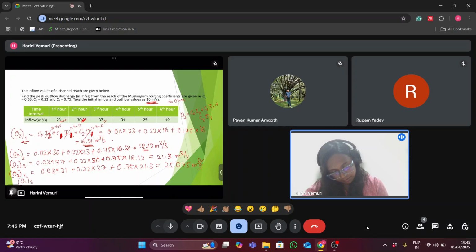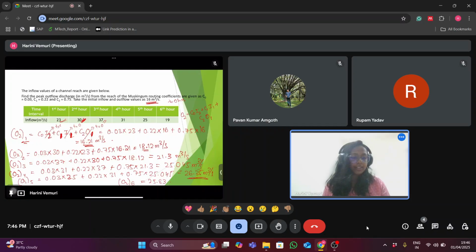Outflow at time step 5 is equal to, with 0.75 into 25.045, 26.35 meter cube per second. Similarly, outflow at the sixth time step, once you calculate, is 25.83. So the answer will be 26.35. That's the peak flow.